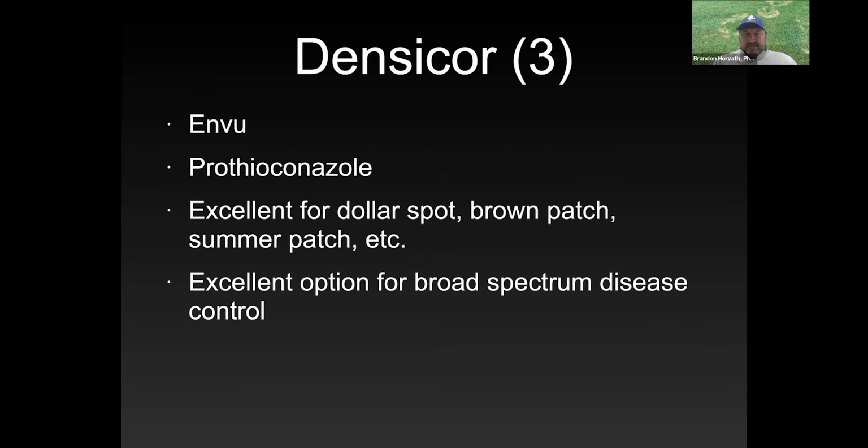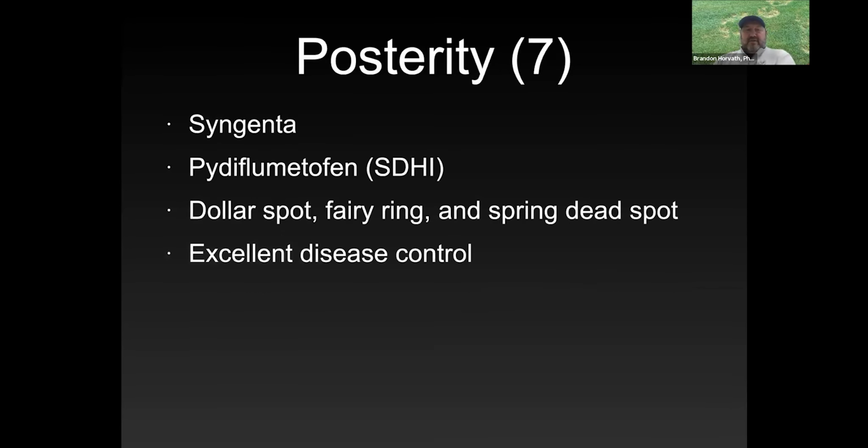But Densicor, certainly a newer DMI. Excellent on dollar spot and brown patch. So that's a good example of a fungicide that's going to pick up both dollar spot and brown patch. Also has other broad spectrum control, good on root diseases like summer patch and things like that as well. So that's one newer option when you're thinking about a fungicide program.